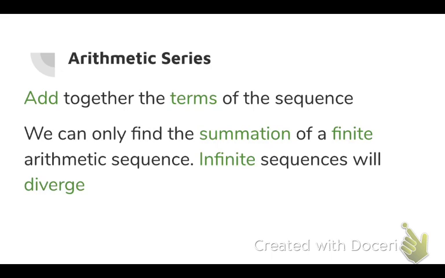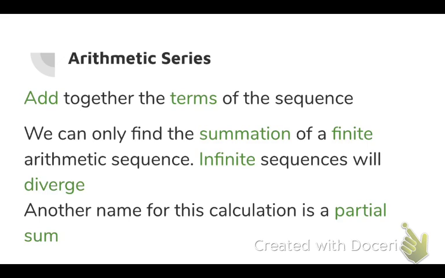We can't find the sum of an infinite sequence because the terms are always either increasing, meaning I'm adding something to make them larger, or decreasing, subtracting something to make them smaller. The sequence is going to diverge, just meaning it's never going to come to a concrete number, right? Infinity and negative infinity are infinitely large. We can't calculate what those values would be.